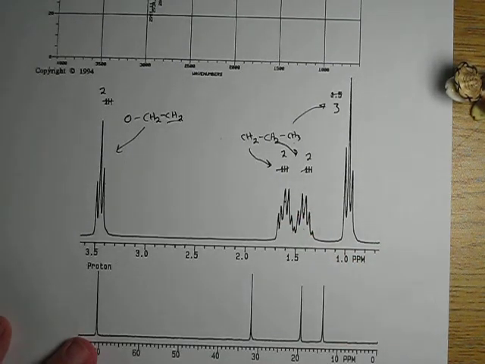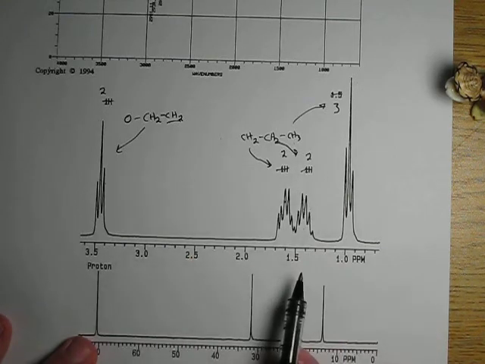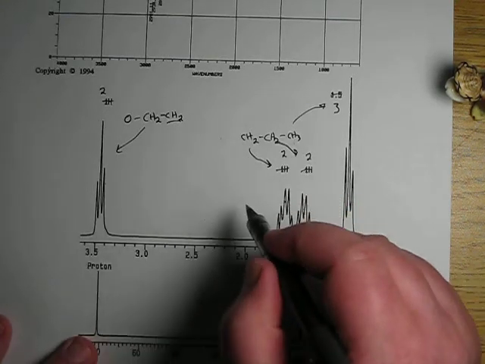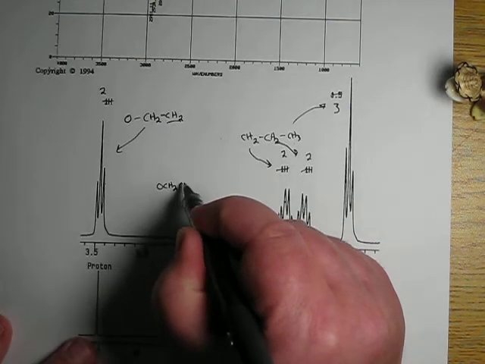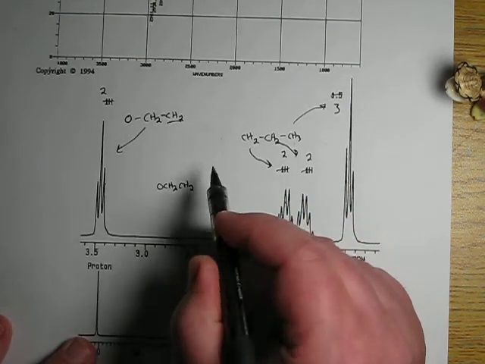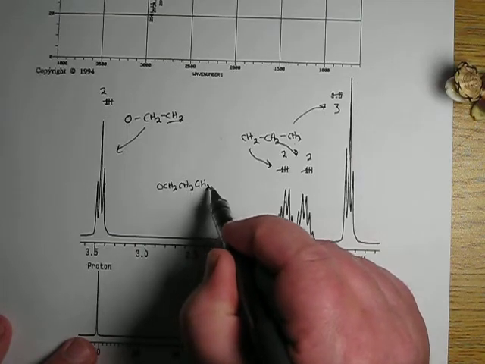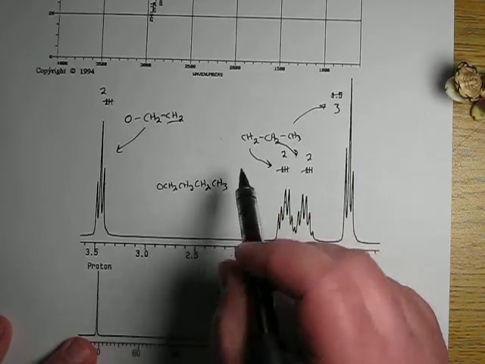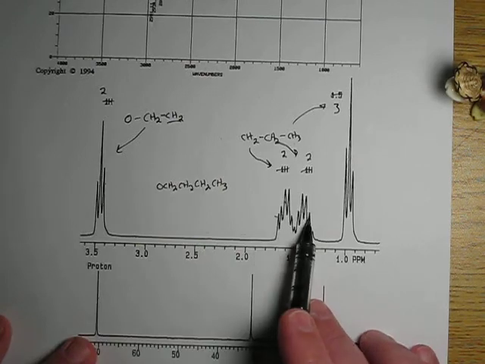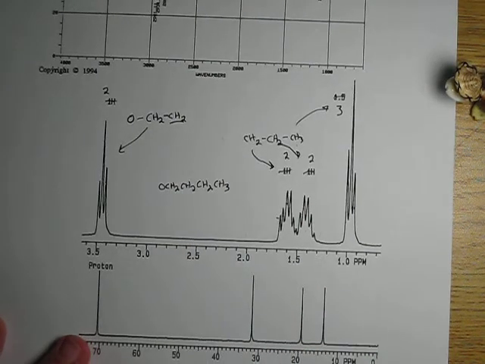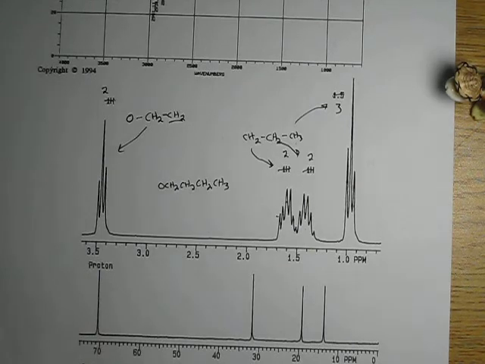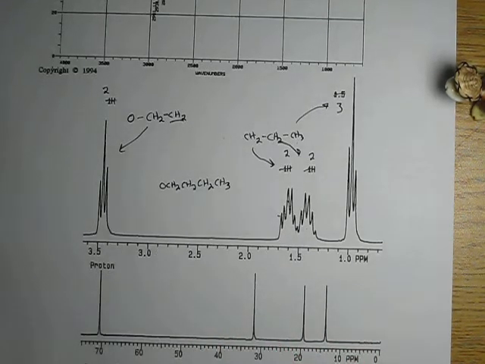And, okay, this is telling me OCH2, CH2, CH2, CH3. 1, 2, 3 CH2s and a CH3 and an oxygen. Okay, and that's what I'm betting so far. The problem is, what's on the other side of that oxygen? I don't know what's on the other side of the oxygen.